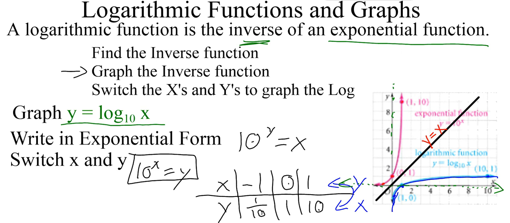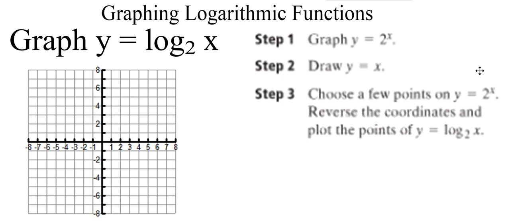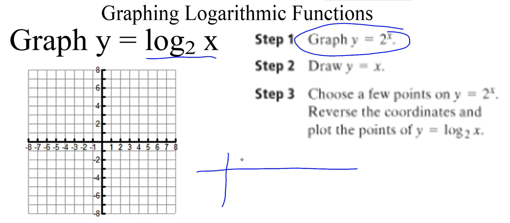So this blue graph is going to get infinitely close to that y-axis, but it's never going to touch or cross it. Okay, so again, looking at our example, how would we graph log base 2 of x? First I'm going to graph y equals 2 to the x, which is the inverse of log base 2 of x. When I graph those, again I'm going to use my anchor points of -1, 0, and 1. So my y values for my inverse are going to be 1/2, 1, and 2.